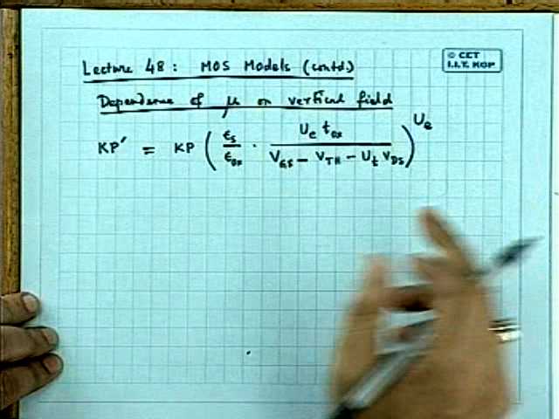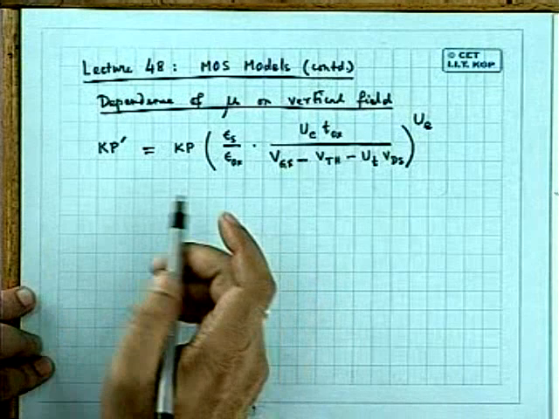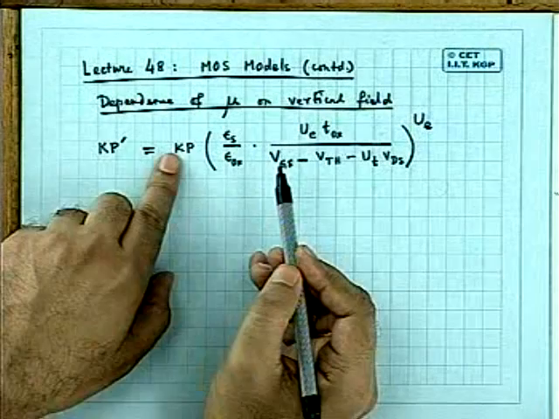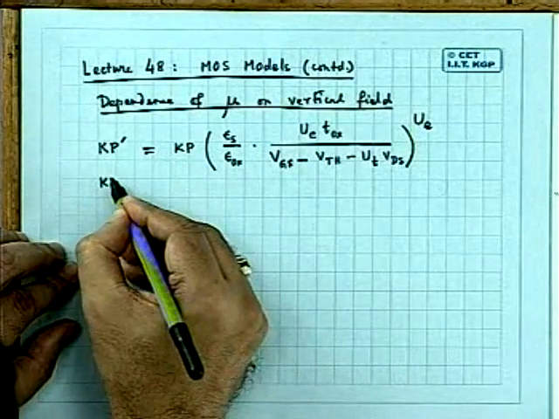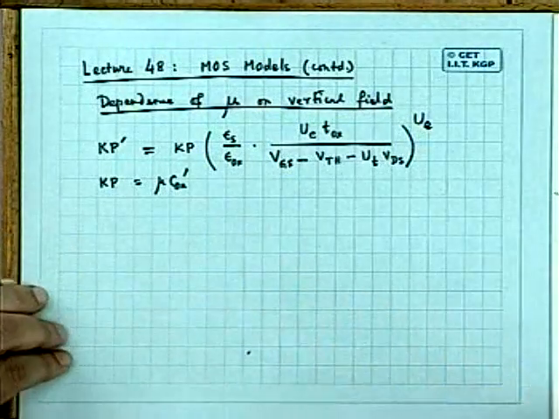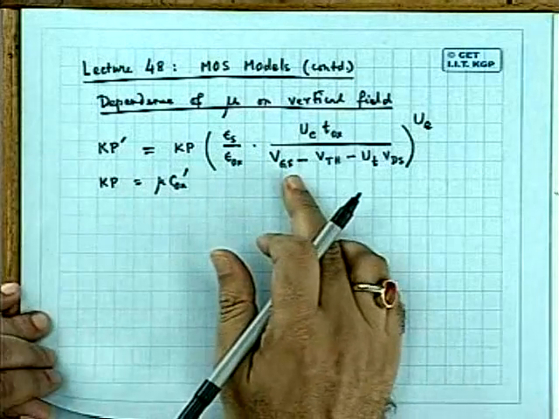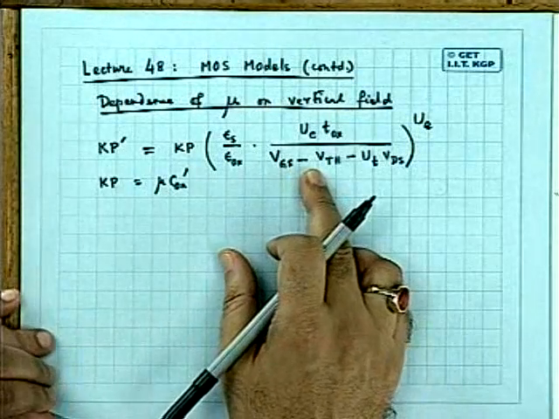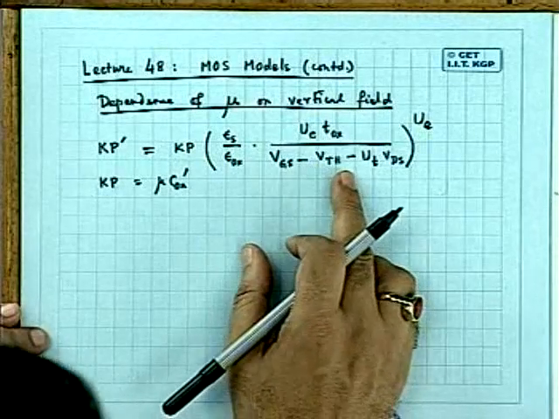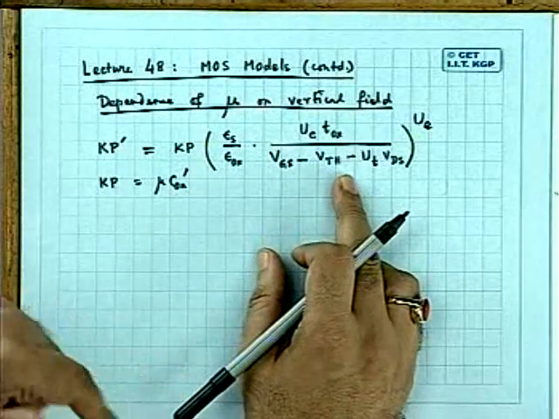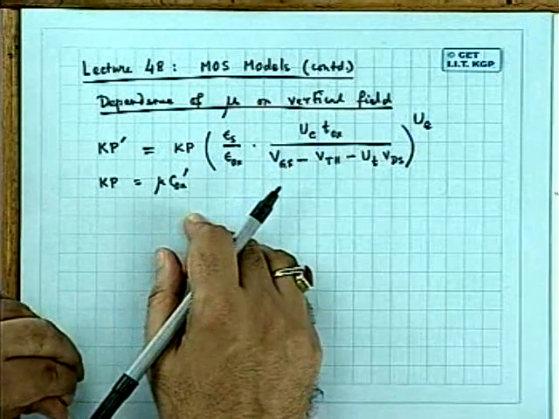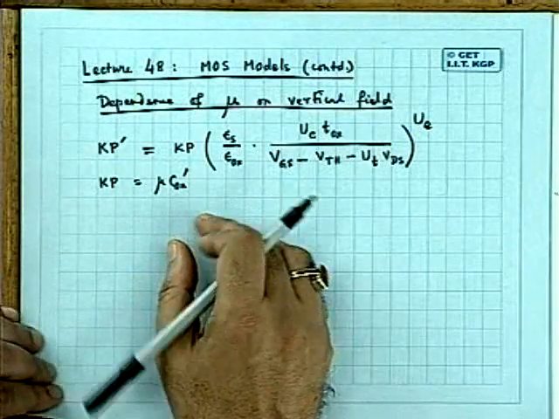Here you see the term UC that we have brought in while modifying Kp. Kp is simply equal to the old expression, but effectively Kp is changed because mobility is modified. Mobility is not a constant. In practice, mobility depends on lateral field as well as vertical field. Of course, in this case, we are considering only the vertical field effect.